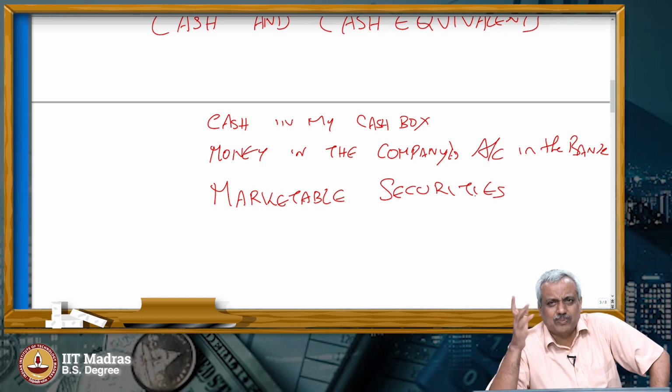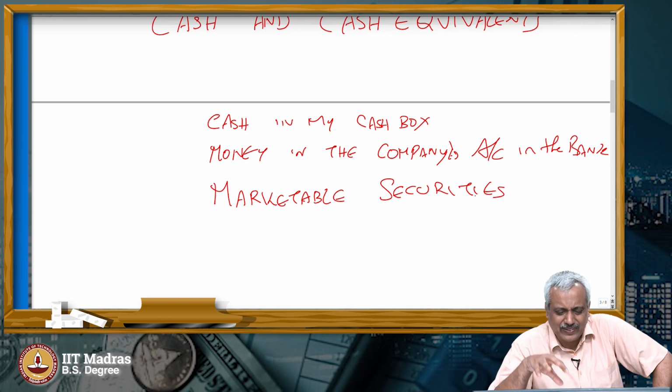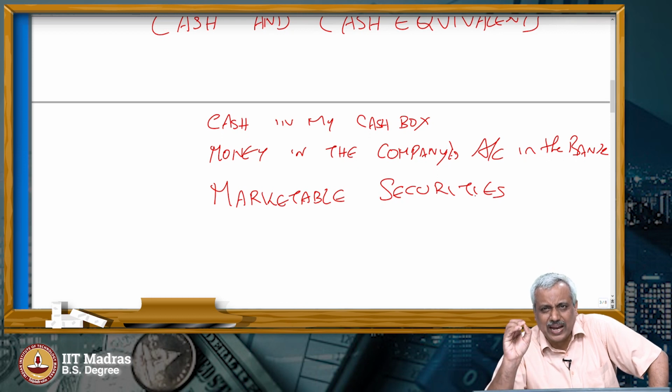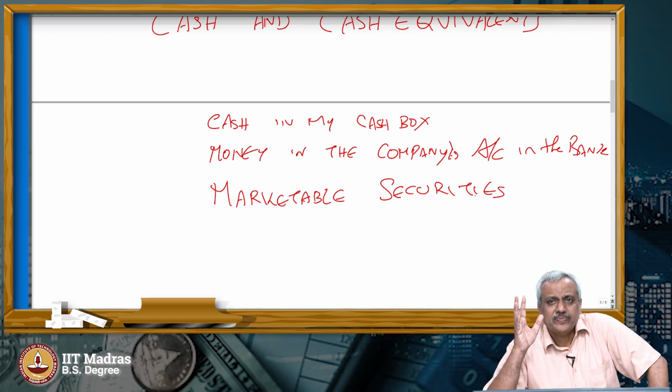I can just take it to the market, sell it and recover the cash. That is why we call it marketable securities: those things that can be converted to cash in a jiffy. So when we say cash and equivalents, we mean all these: cash in the cash box, money in the company's account, marketable securities, and any other asset which can be easily converted to cash in a jiffy. All that we consider as cash and cash equivalents.